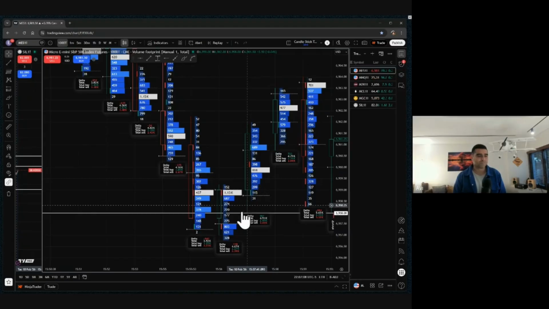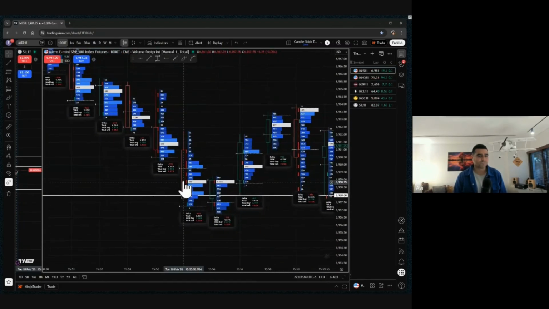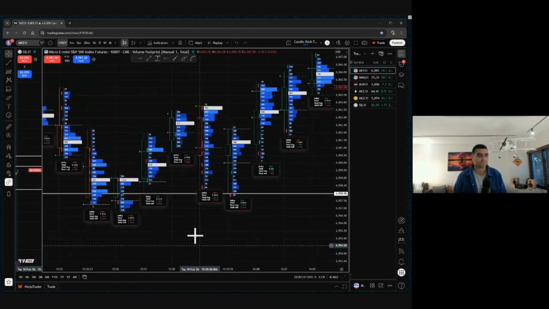If you're able to identify this whole section, by the time you have the setup and enough confirmation, the way I trade, I would probably get the long in this area. I want to put the stop below the anomaly, so that's here, below this candle, and you would have survived the pullback or the double bottom.